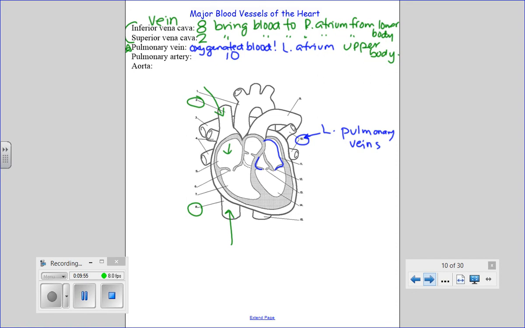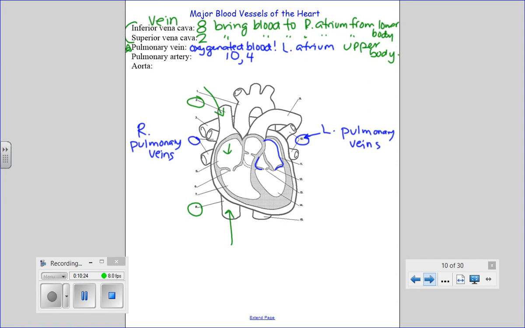Since you have 2 lungs, you need veins that go both ways. So on the other side, you have number 4, and number 4 are your right pulmonary veins. And that's because you need veins going from your heart to both of your left lung and your right lung.